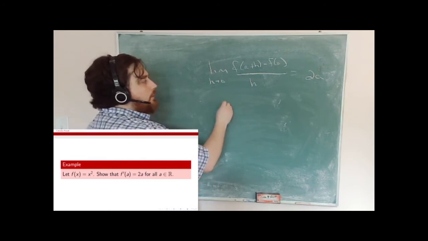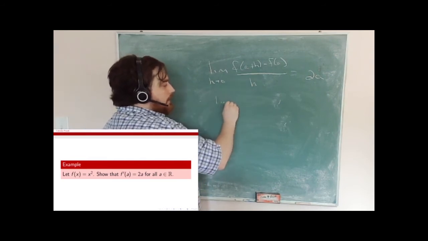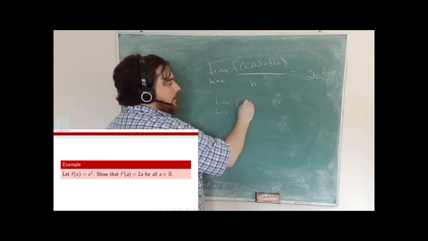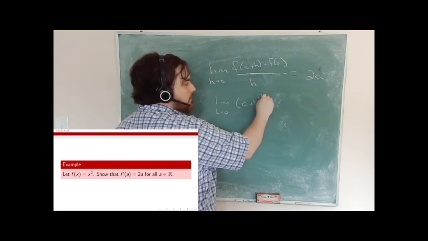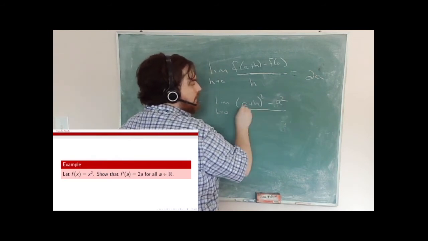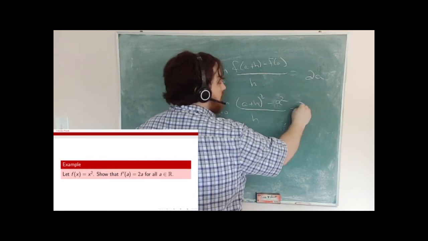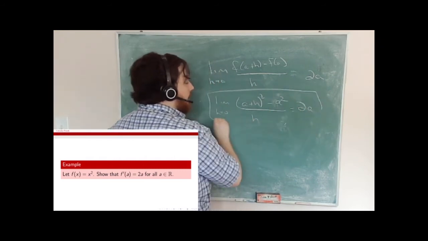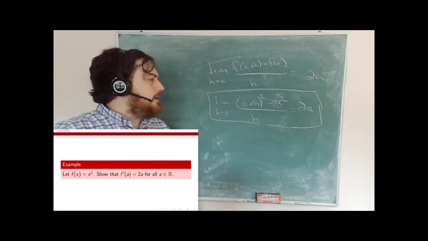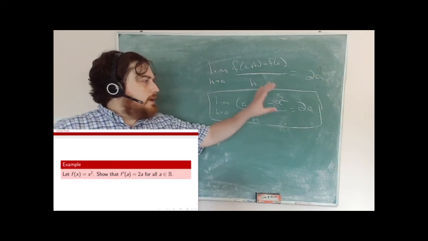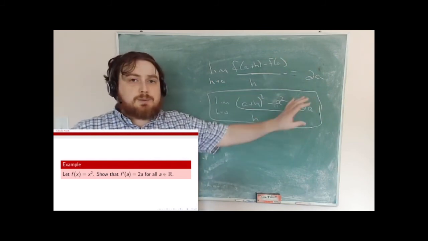So if I plug this in, I want to show that the limit as h goes to 0 of (a plus h) squared minus a squared, all over h, is equal to 2a. To prove that the derivative at a is equal to 2a, I have to prove that this limit is equal to this.